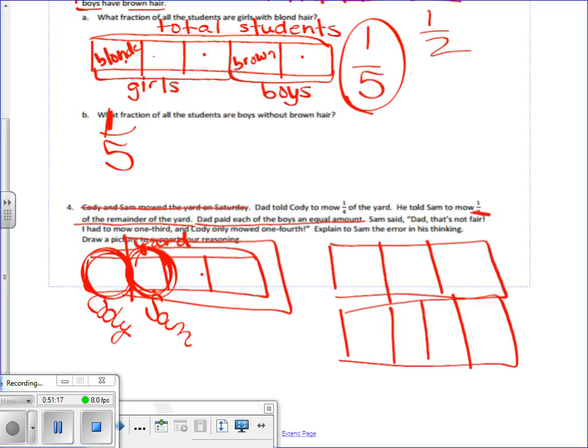So they did equal parts. They both really only did 1/4 of the yard. It just makes it sound like they did different parts when they really did the same.